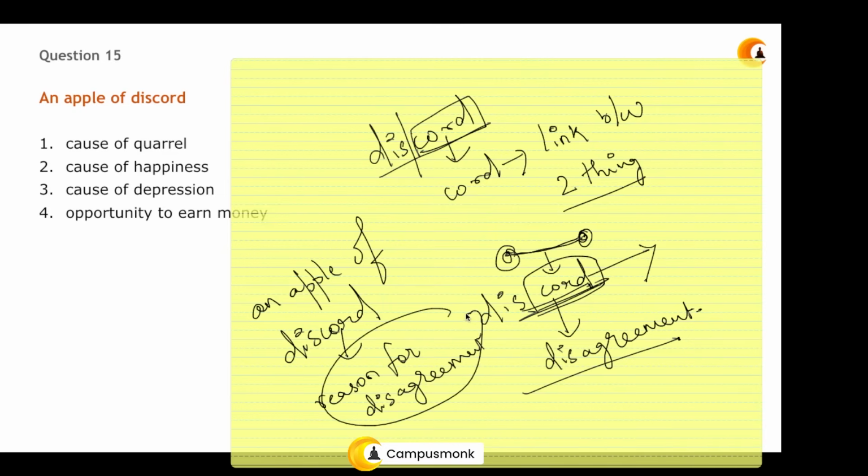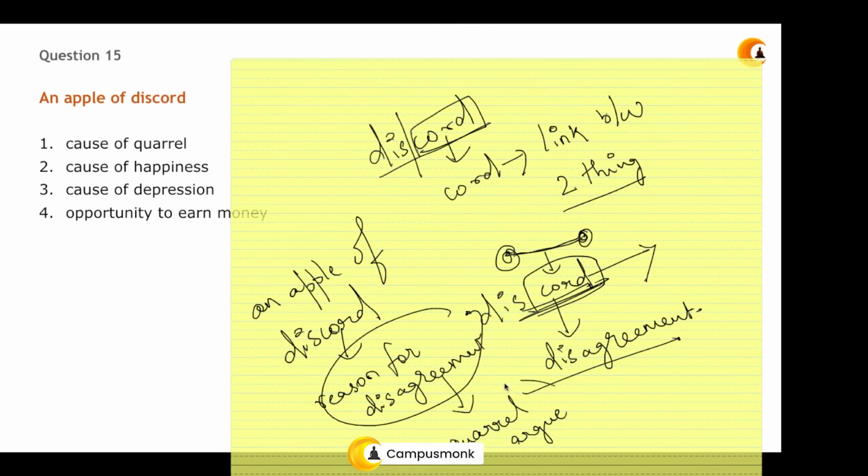Suppose I give the example, the chocolate box was an apple of discord between the two sisters. Okay, that means the box of chocolate has been the reason for disagreement between the two sisters. Now if there is a disagreement, what will you do? You will quarrel, you will argue until you win, right? So what is there in the option?